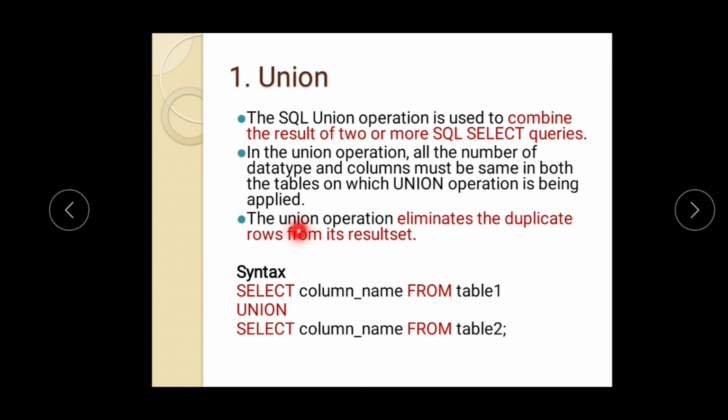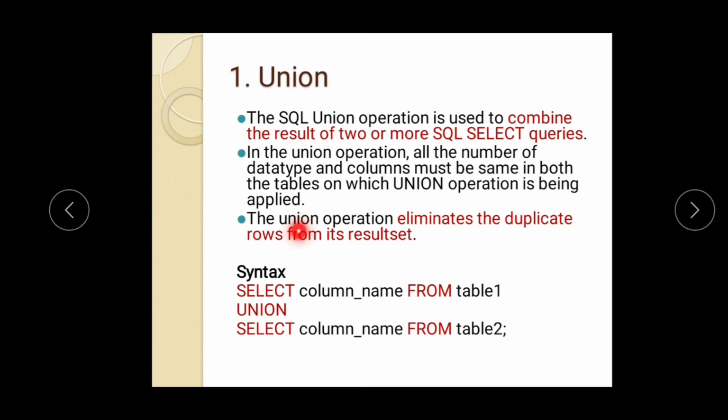In that case, you can use the keyword union. The condition is that the data type of the name in S4 computer science and the data type of the name in S6 computer science must be the same. Clear? Only if the data types are the same, we can use this operation.